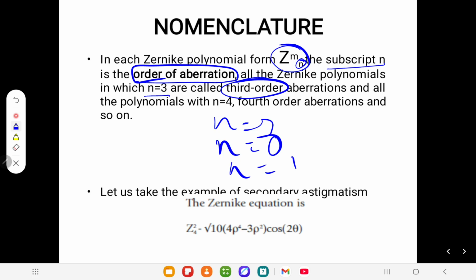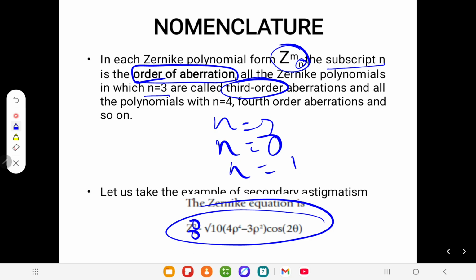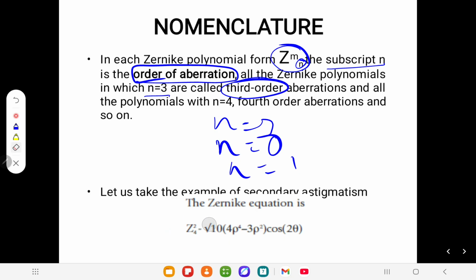It's called secondary aberration. See, secondary astigmatism: the above 2 is angular frequency and below 4 is the order, fourth order, and two frequencies.